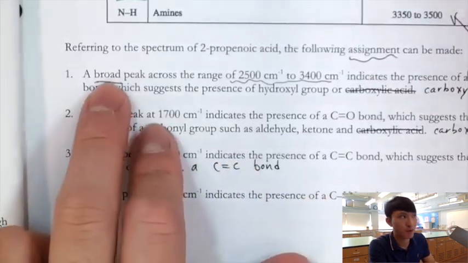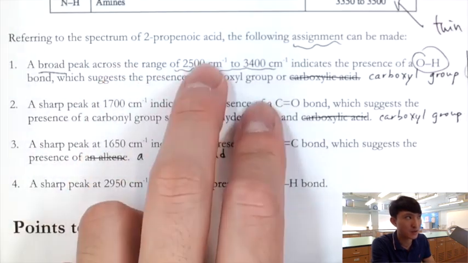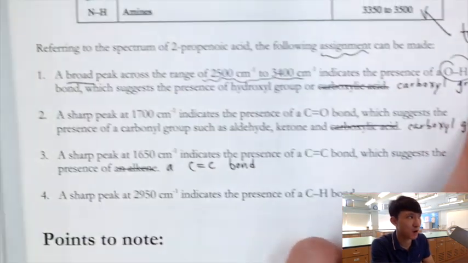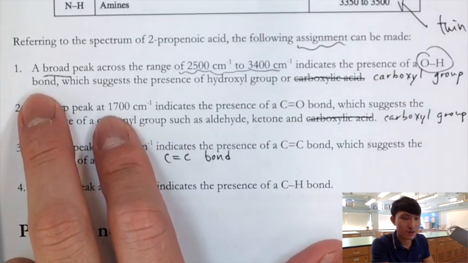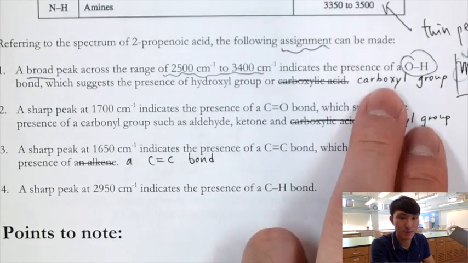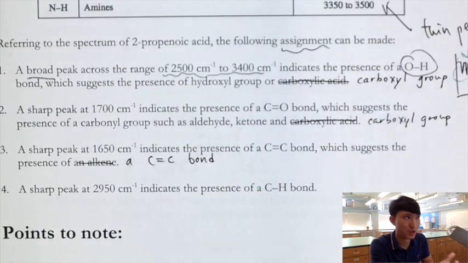So here you see a broad peak across a range of 2,500 to 3,400 indicates the presence of an OH bond. Now the OH bond suggests the presence of a hydroxyl group or a carboxyl group. So it tells you about the functional group.